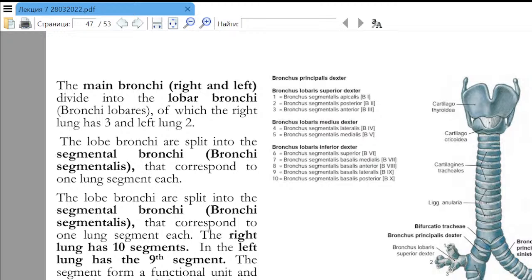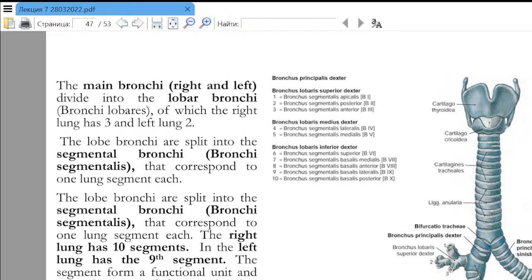This is bronchus lobaris superior sinister, and bronchus lobaris inferior sinister. This is 5 bronchi lobaris, and 5 lobes in the lungs.